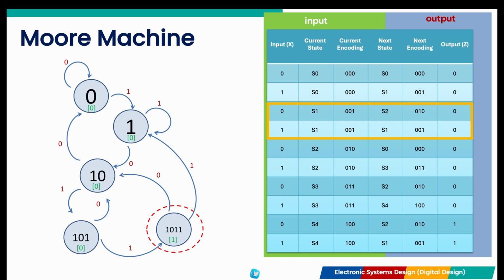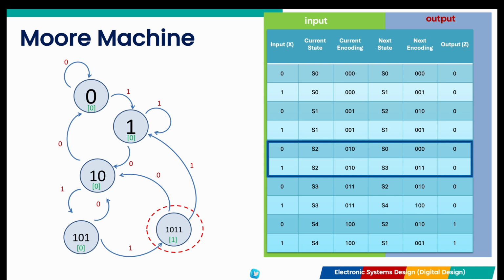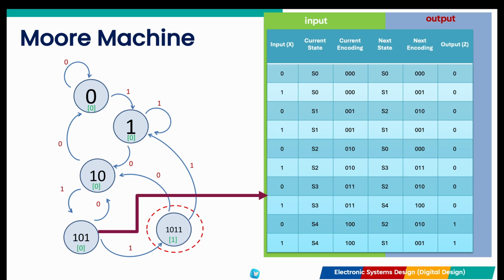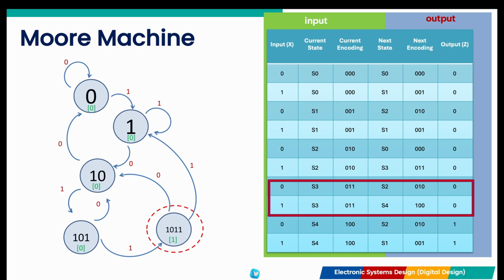But if we notice the input is 1, we stay in state 1. If we see the input is 0, we go to state 0. But if we see the input is 1, we go to state 3. And when we are in state 3 and the input is 0, we go to state 2. If the input flips to 1, we move to state 4.